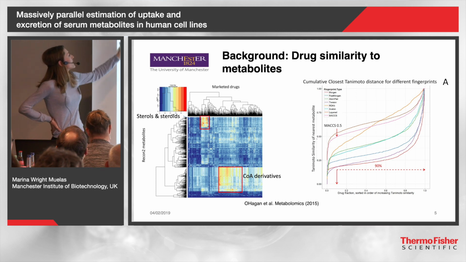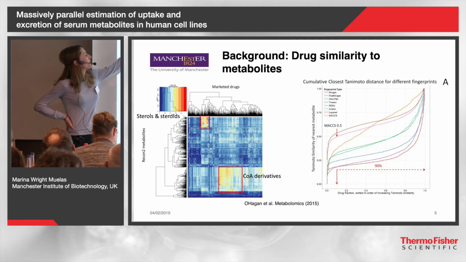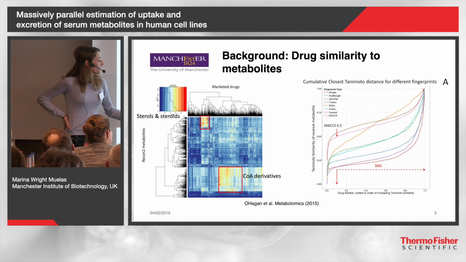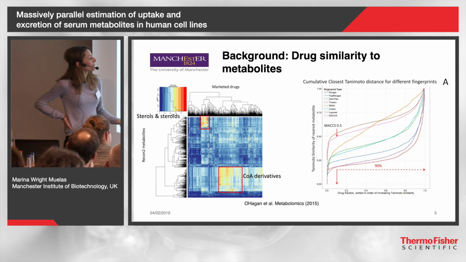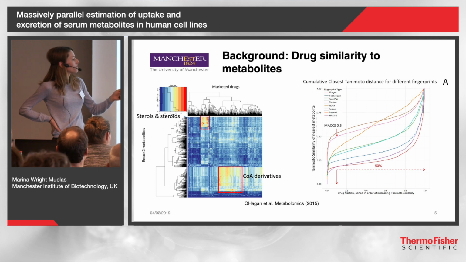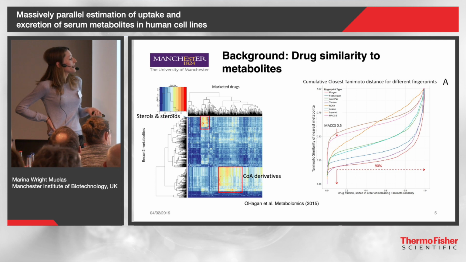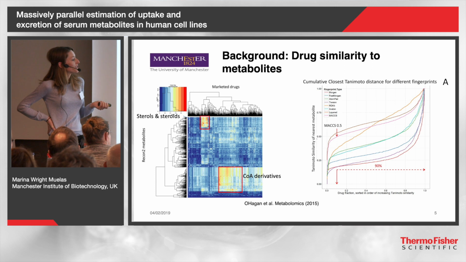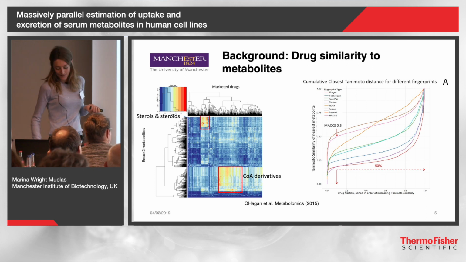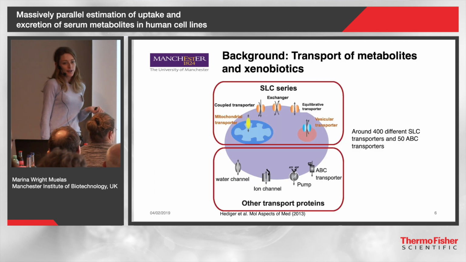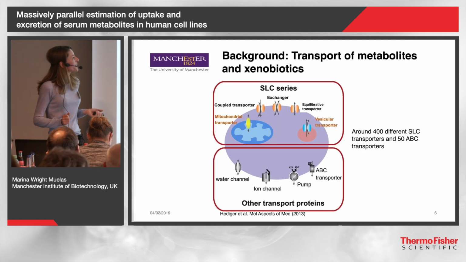And indeed there are some sterols that are very similar to various steroids and various CoA derivatives here at the bottom. But even more so, when they looked at the Tanimoto similarity between drugs and the recon-2 metabolites, they found that 90% of these drugs had a Tanimoto similarity of 0.5 or greater to the nearest metabolite. So at least we're not going completely haywire in what we're doing.